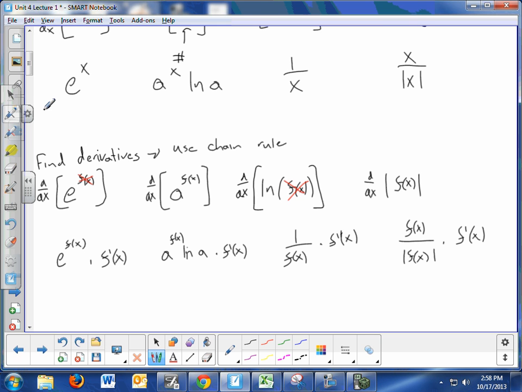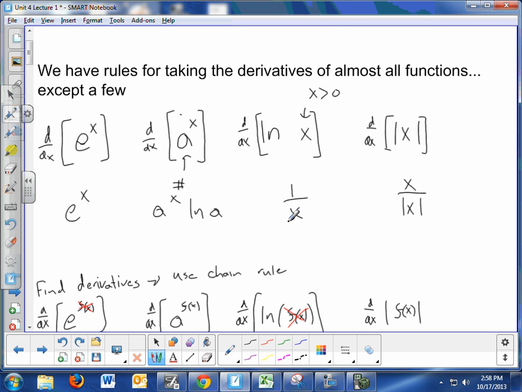Any questions? We kind of have to commit these to memory. So yes, put memorize next to those. But really, as long as you memorize these four, these should not be as difficult if you just understand the chain rule.